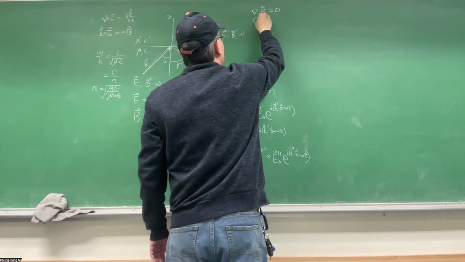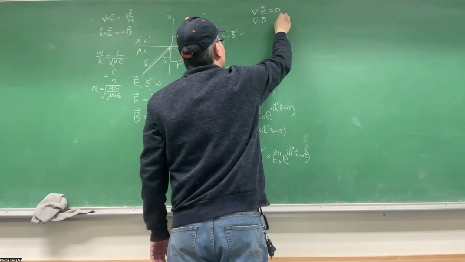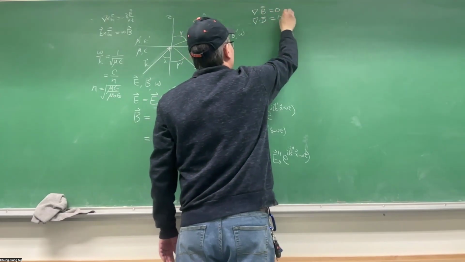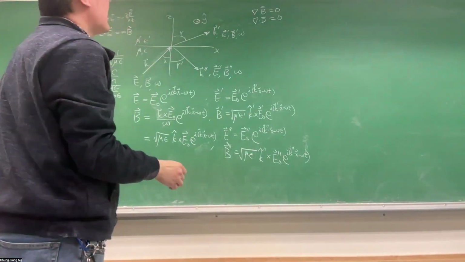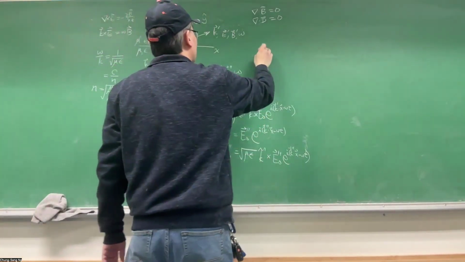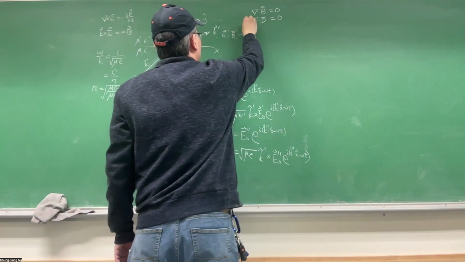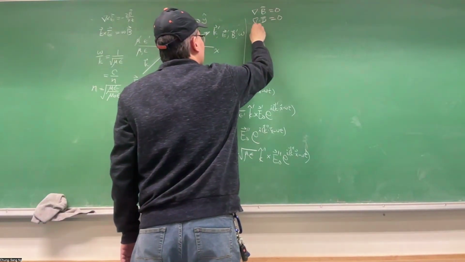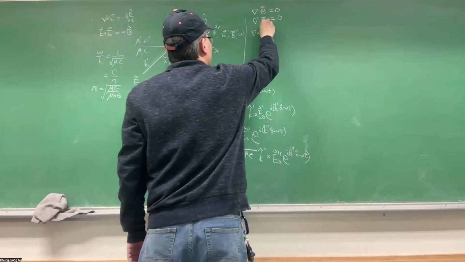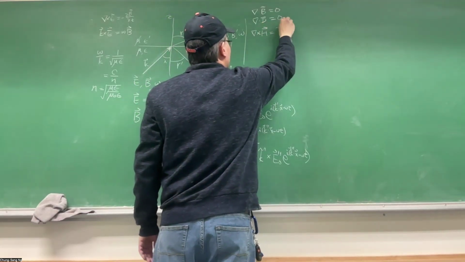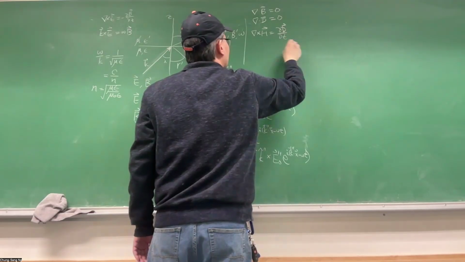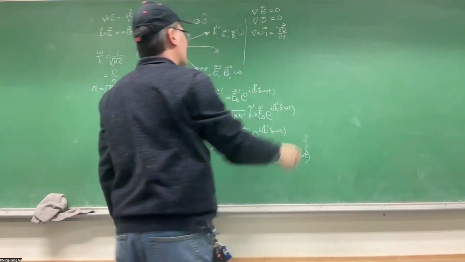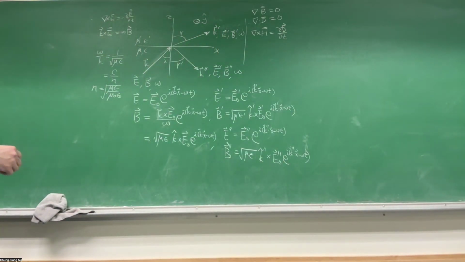Divergence D is also 0 because you don't have free charge. Let's just consider wave propagation. And then you have Ampere's law for H, and there's no J term, no free current.